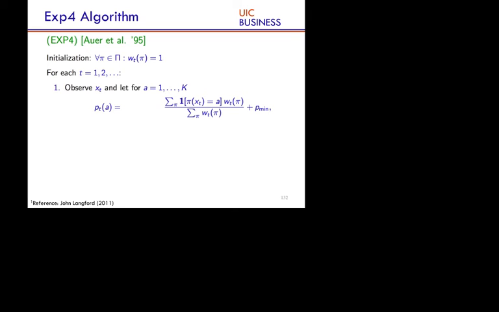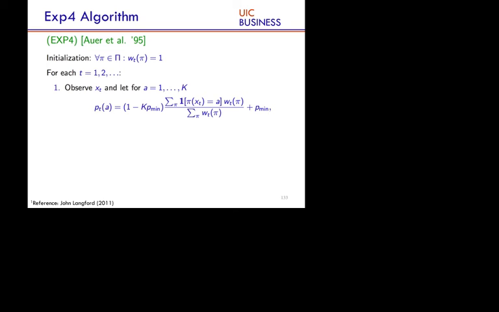There's going to be a bunch of them. For every policy, if that policy's recommendation for this context is that action a, then I'm going to have a 1 there, otherwise 0, times the weight. It's just aggregating the weights of all policies which suggest the same action for this context. And I'm just dividing by the weights of all policies.